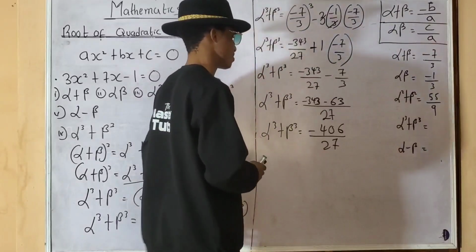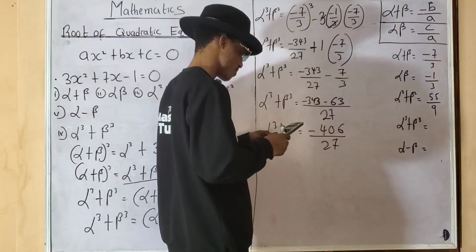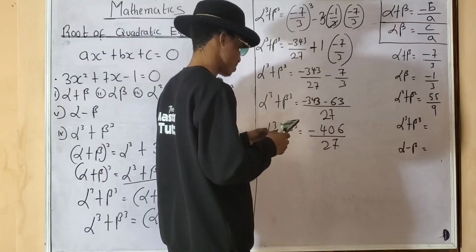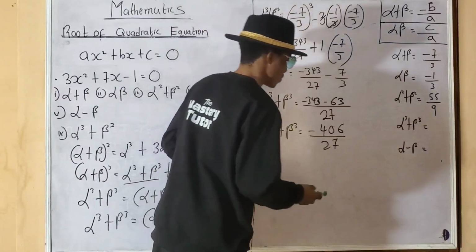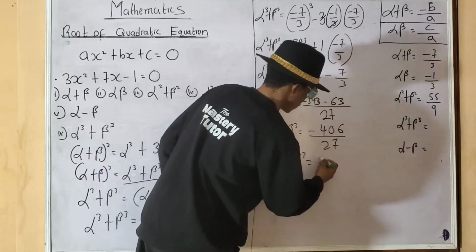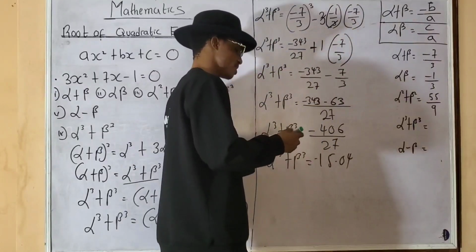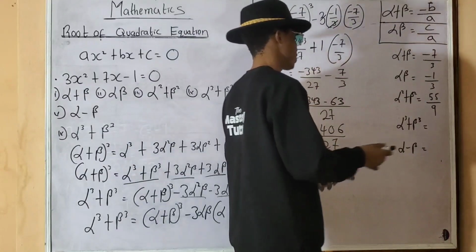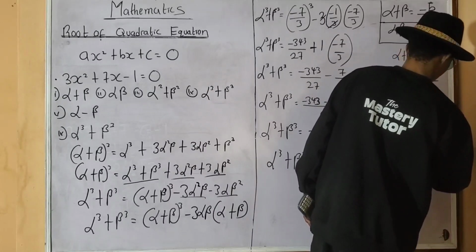And if you want it in decimal, you can have 406 over 27. That is 15.04. So I'm going to have alpha cube plus beta cube equals to 15.04. Oh, negative, sorry, negative 15.04. So let us put it here. We have negative 406 all over 27.